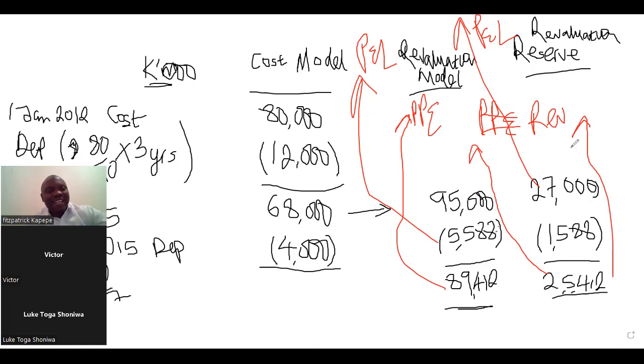Remember that you had 68, you have now 95. This is the 27 that goes into your equity, to balance it up before you start depreciating it. It is coming from your profit and loss, from your comprehensive income, as a gain. Yeah, I got it.